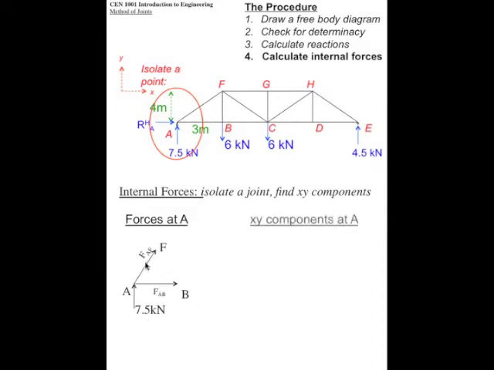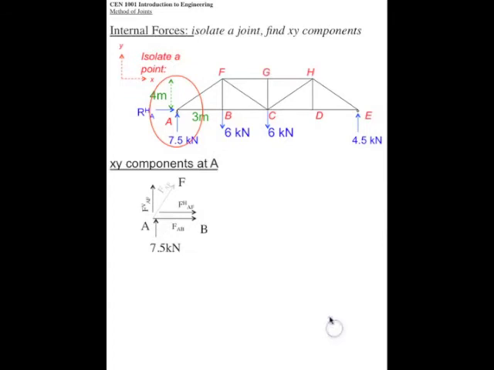If we break this force AF into its components, it looks like this. Okay. Now we need to calculate those. So AF is the hypotenuse. Notice each of these is a 3, 4, 5 triangle. So the sines and cosines are pretty straightforward.